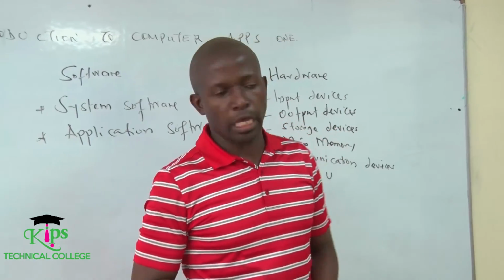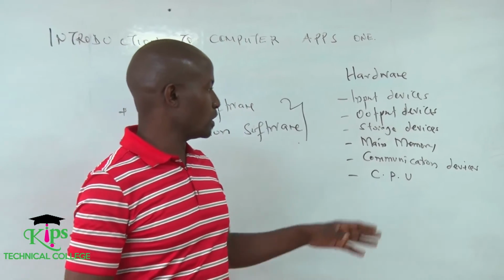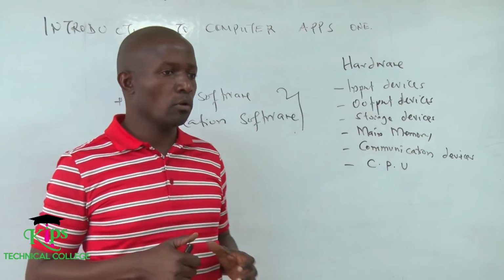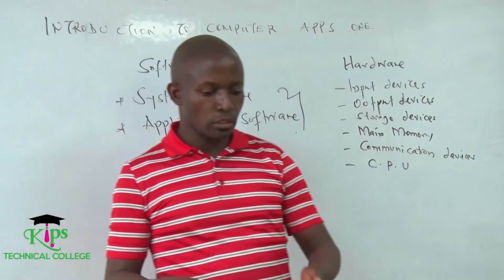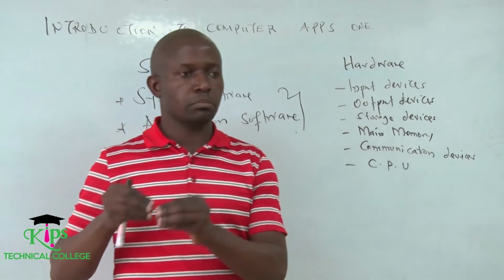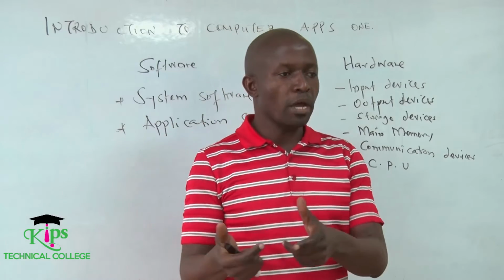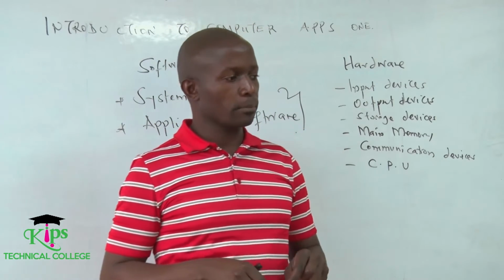CPU and, of course, the communication devices. The communication devices are the devices that we use in our computer to link our machine, be it a smartphone, or rather, let me just call them the mobile devices. It can be your tablet, your laptop, or even your smartphone.